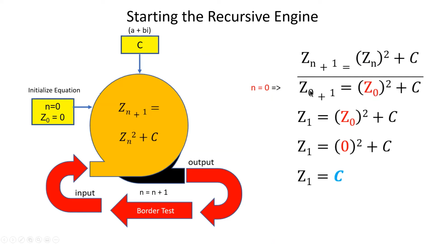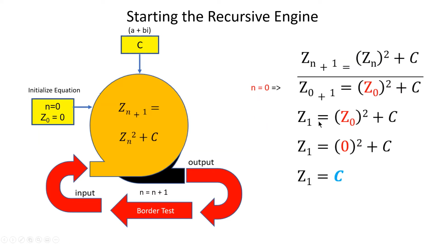So now we know that z sub 0 plus 1 is equal to z sub 0. Let me restate this again. Z sub 0 plus 1 is equal to z sub 0 raised to the second power plus c. When we add 0 to 1, that becomes z1.